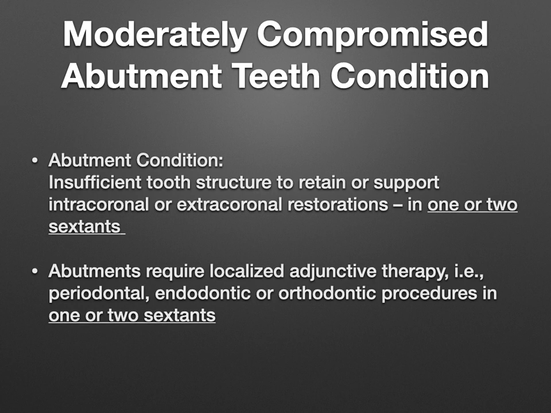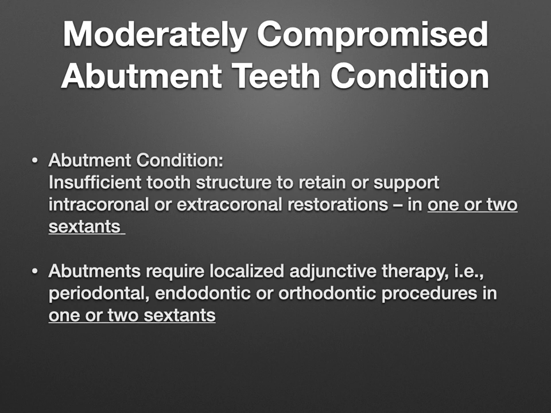The insufficient tooth structure to retain and support intracoronal or extracoronal restorations basically means that those teeth may have caries, may have fractures, and eventually the remaining tooth structure is not good enough to hold the restorations.